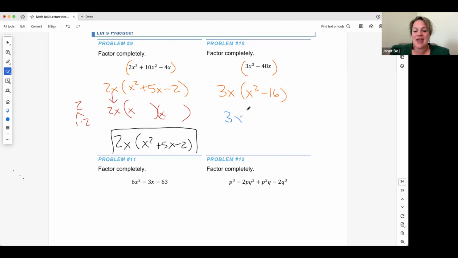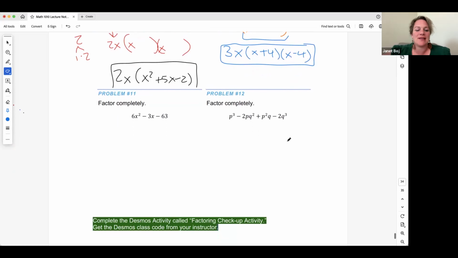So I keep the 3x, and I notice my special pattern here is the difference of squares. So I take the square root to find a and b. And I factor by saying a plus b, a minus b. And I'm completely factored.